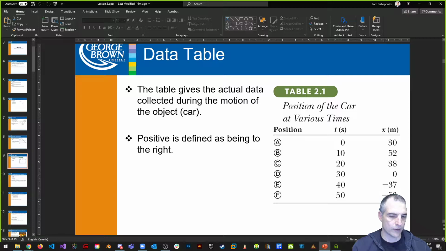Obviously, if we're in negative space in a game, that means I'm either off screen or to the left, or to the top left or bottom left, depending on your coordinate space. But typically to the left or bottom of the origin, or typically to the left and top if we're doing a 2D coordinate plane.